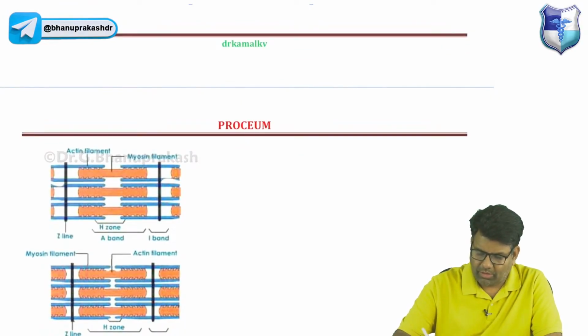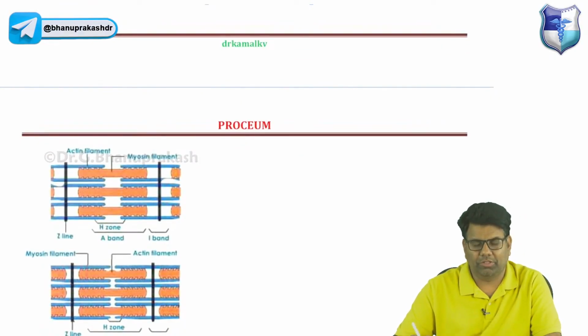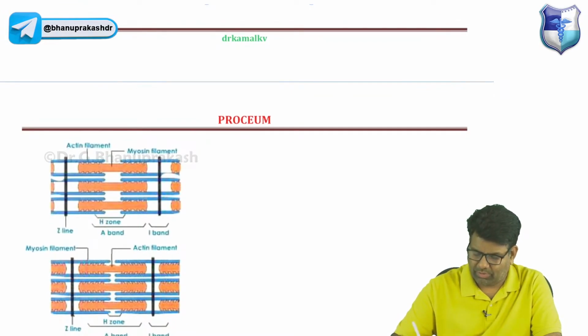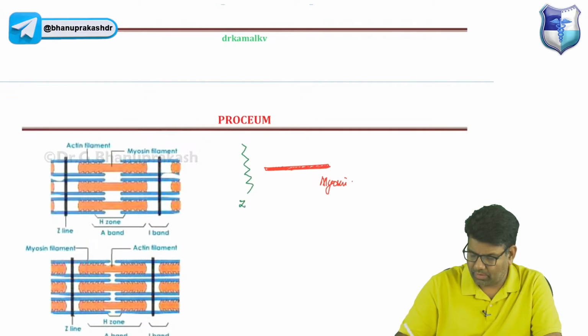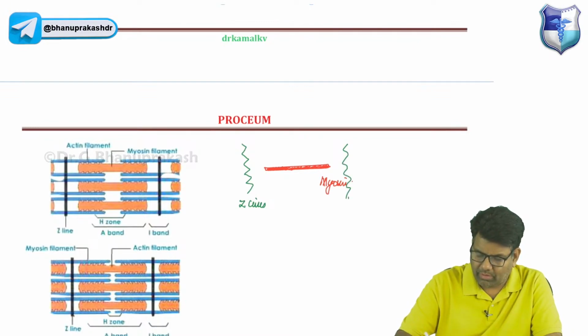So, during a muscle contraction, if we look at the histology of the sarcomere, we know that there are three important areas. Myosin is also known as the dark band. Then there are red lines, and then we have thin filaments.